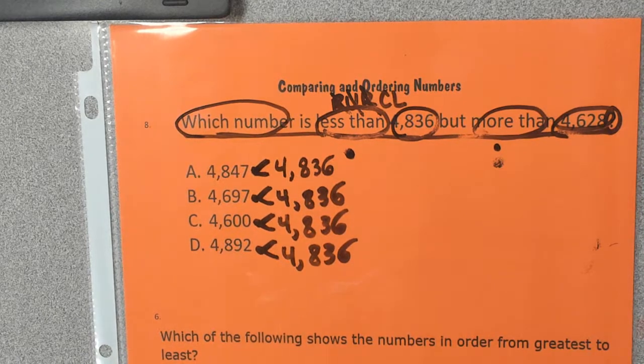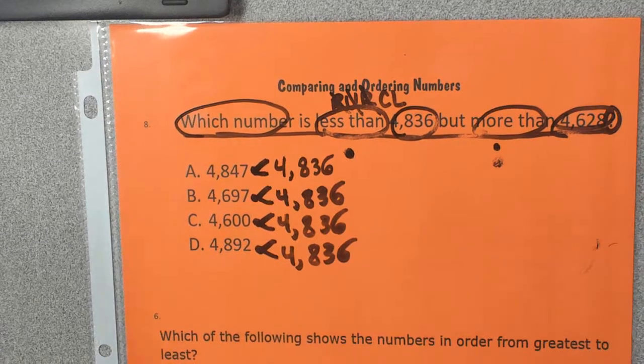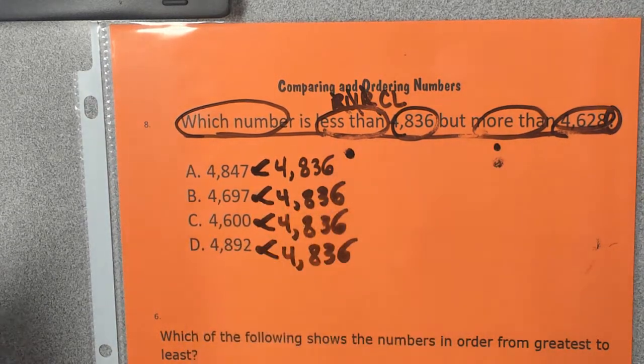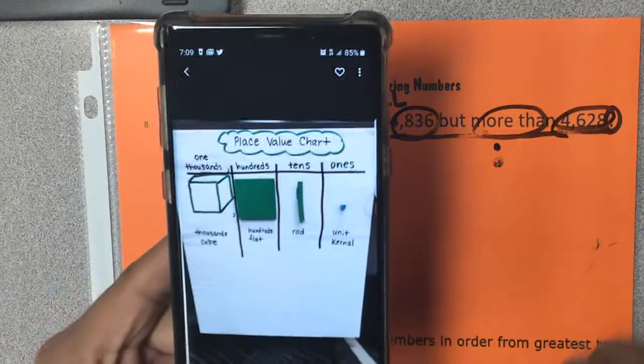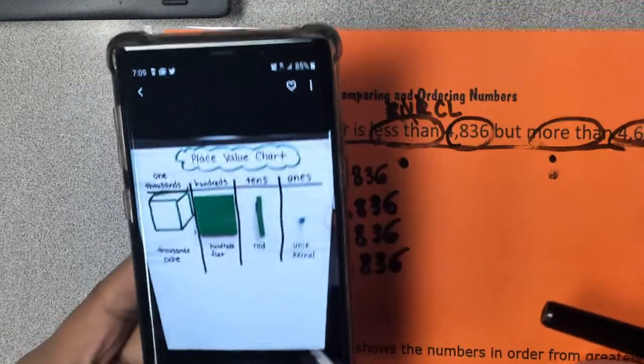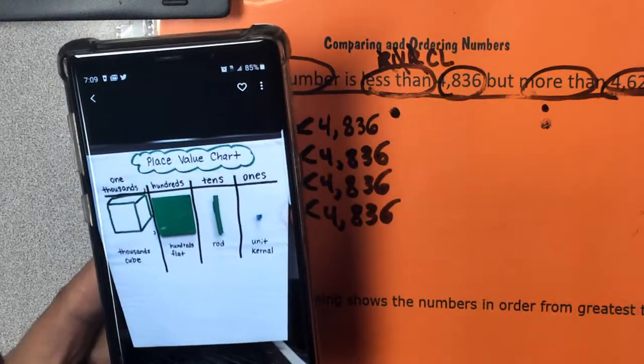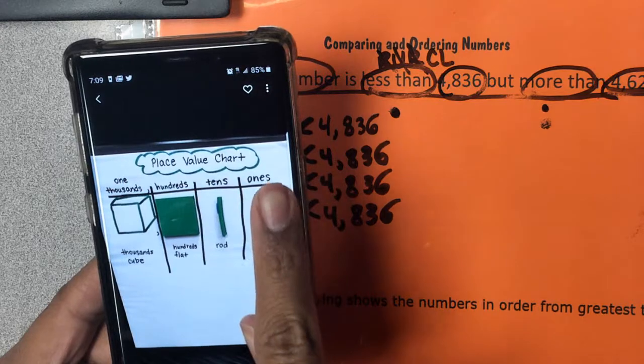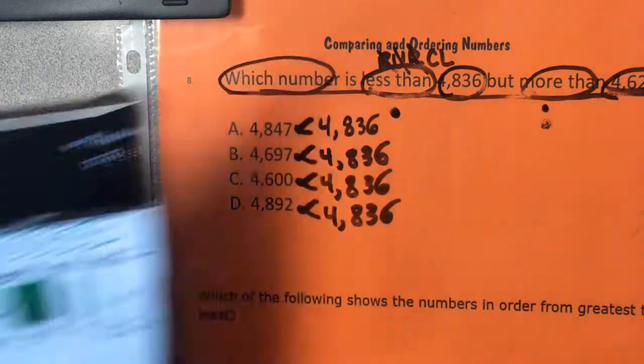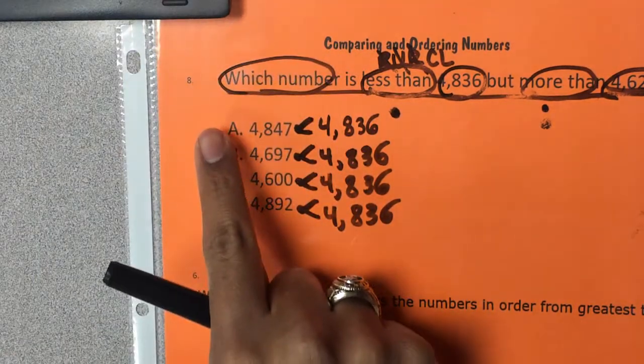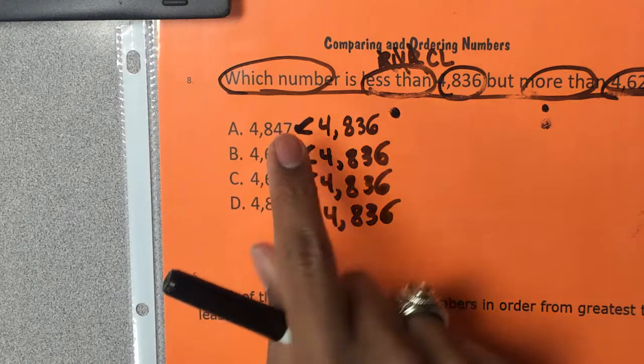Remember, when we compare, we have to start in the largest place value, in the biggest place value. And in order to do that, now we have to look at our place value chart to start labeling our place values. Remember that the place value that goes all the way over to the edge on the right side is the ones. So I'm going to go over all the way to the very edge to the ones.